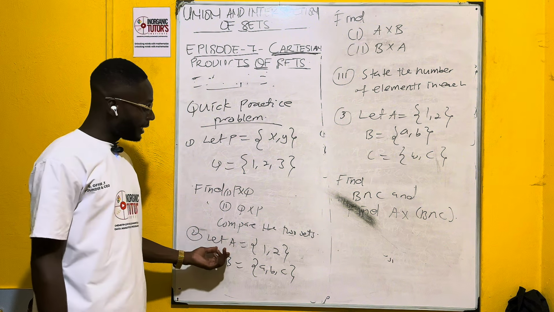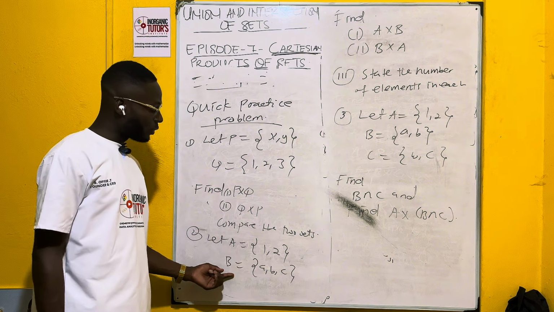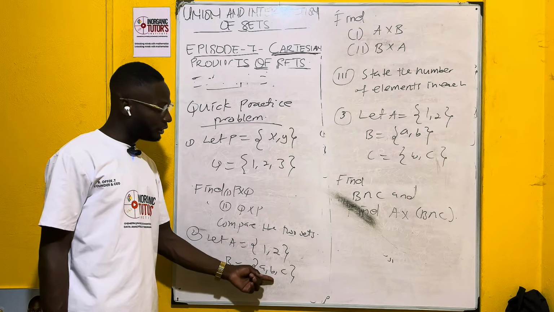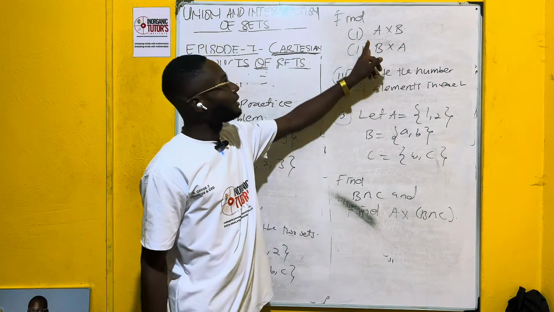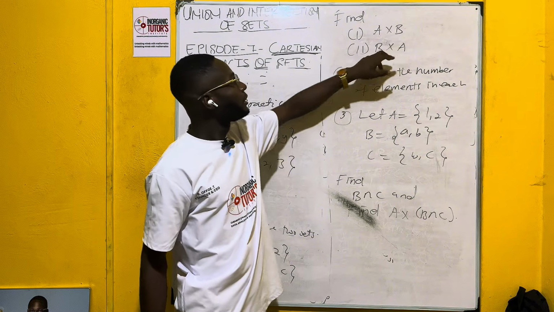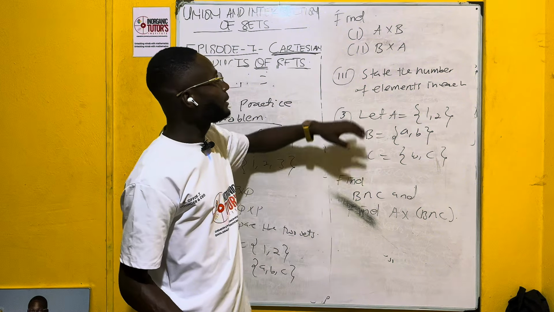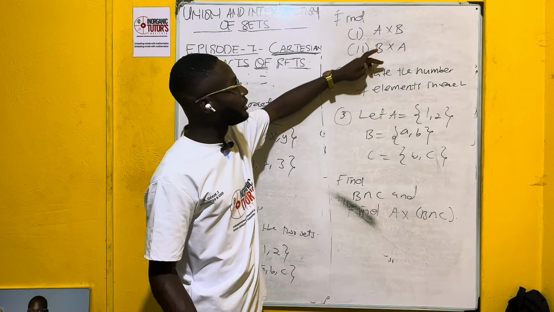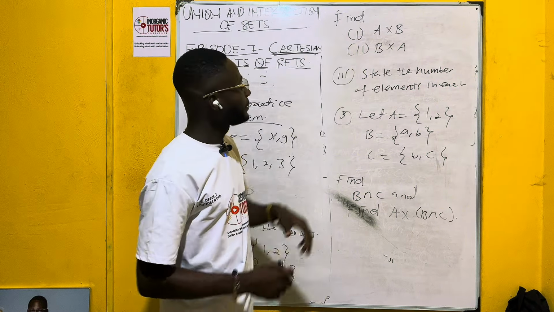Question 2. Let A equal the set 1 and 2. B equals a, b, c. Now, I need you to find (i) A cross B, (ii) B cross A. And then I want you to state the number of elements in each case, right?